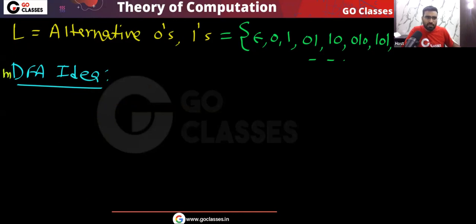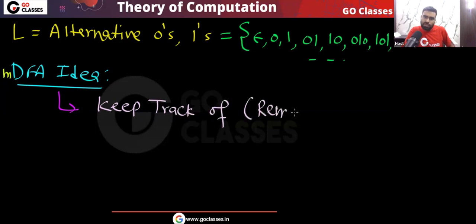The idea is very simple. I will only take care of the last symbol. I will only keep track of the last symbol. Keep track of means I will remember what was the last symbol.